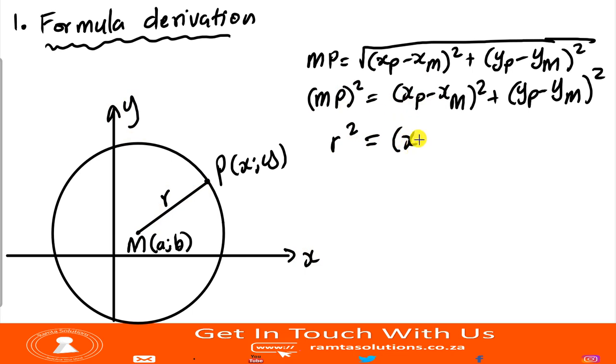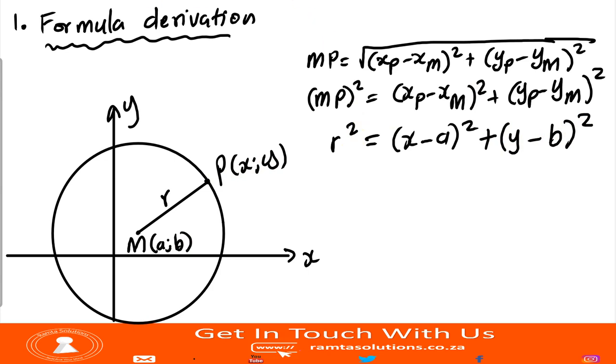Now, what is x of P? It's simply x. What is x of M? It's a. So this is x minus a all squared. Now, what is the y value of P? It's y. What is the y value of M? It's b. So this is the equation of a circle with center not at the origin.